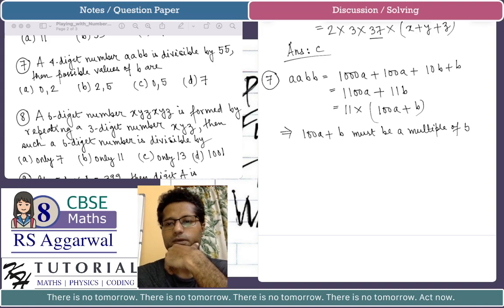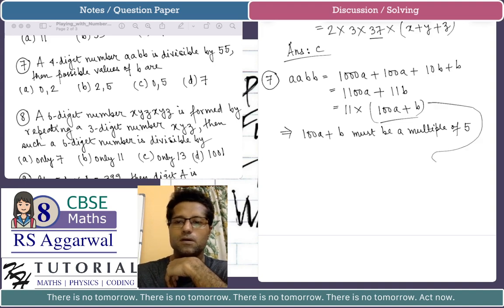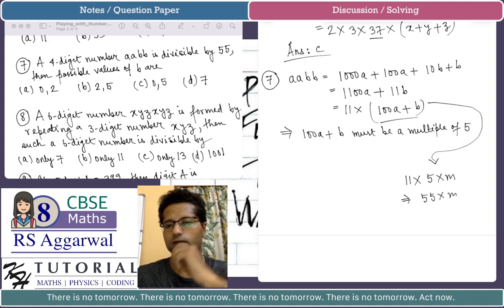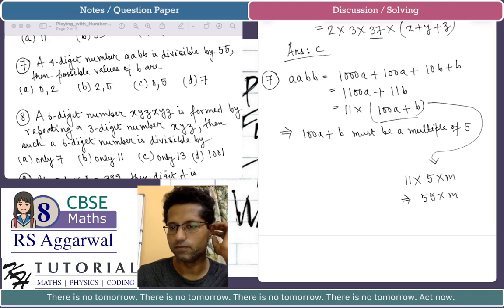Only if 100A plus B is a multiple of 5, will the whole number, 11 into (100A plus B), be divisible by 55. Because if 100A plus B is a multiple of 5, it will be of the form 5 into m for some natural number m, and this is equal to 55 into m, and whatever the natural number m be, it will be divisible by 55. So 100A plus B must be a multiple of 5.